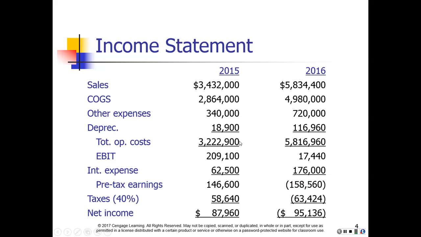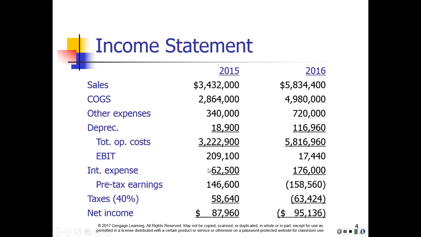All these three combined was 3.222 million, right? And you subtract that from 3.432 million, which is the revenues, and you get EBIT. EBIT stands for earnings before interest and taxes. We also sometimes refer to it as operating profits, right? And for 2015, that's 209,100.